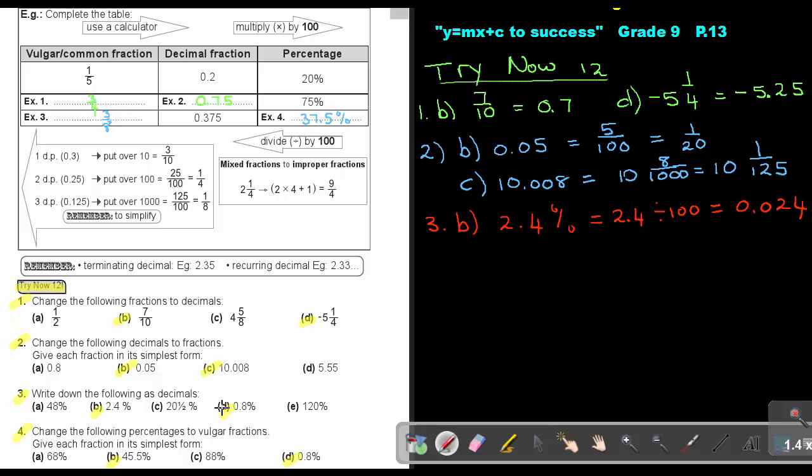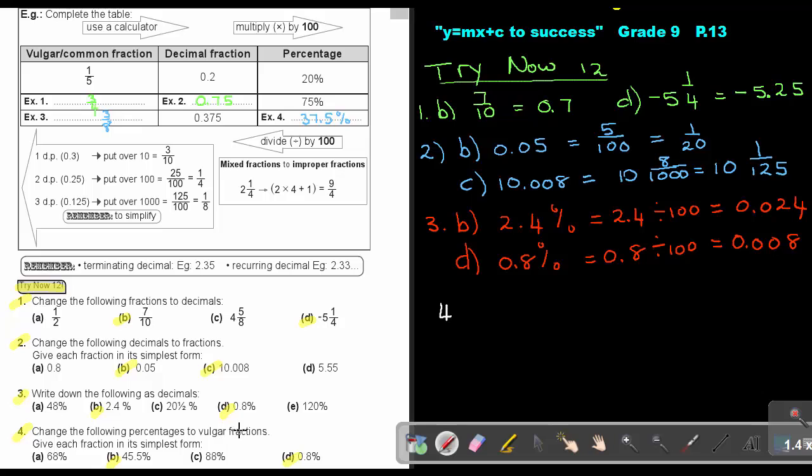Okay, and then number D, 0.8%. So it's actually 0.8 divided by 100, and that will give me 0.008.